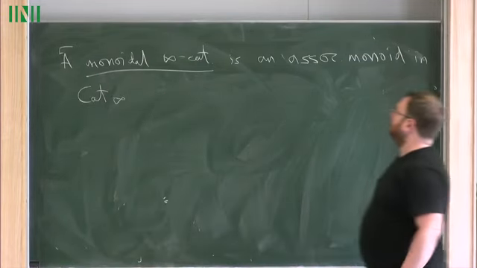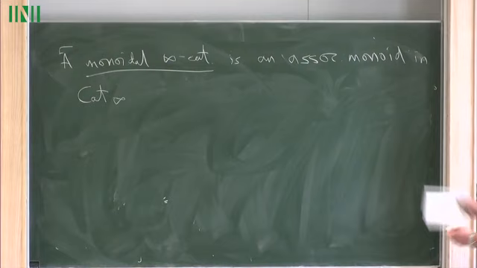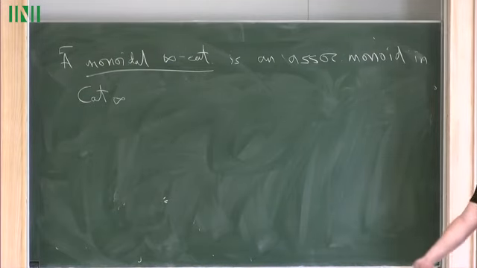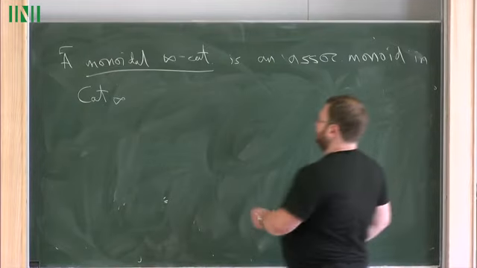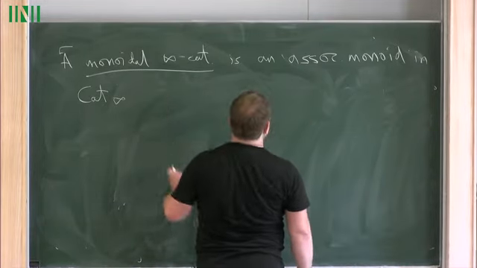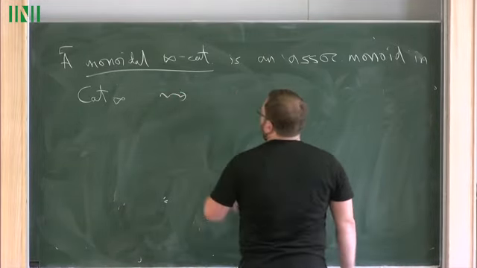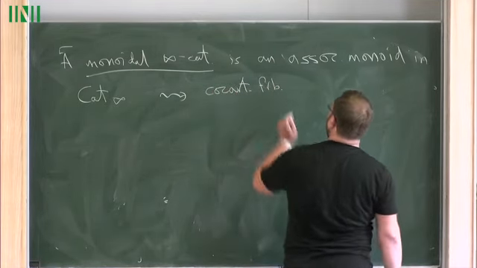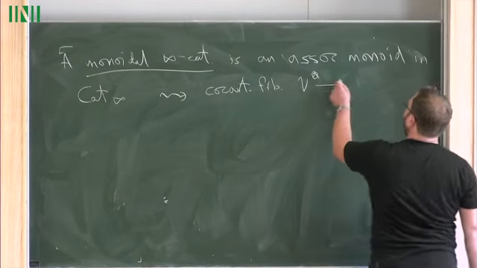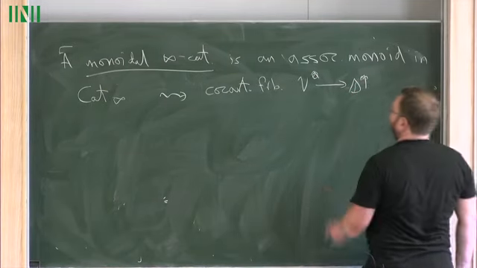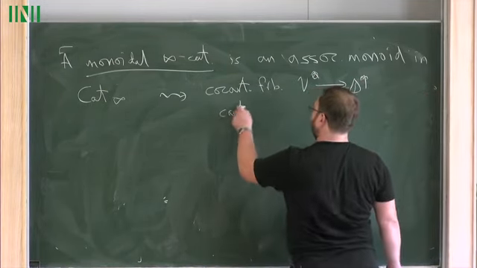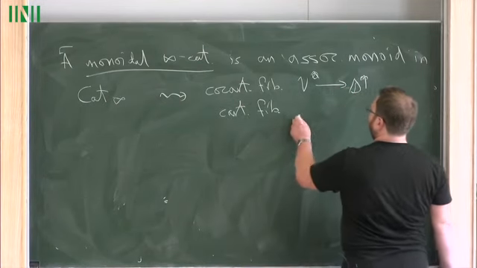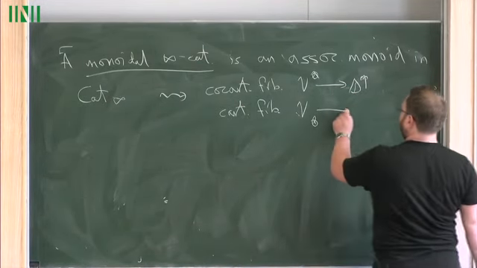So that's a simplicial object in Cat infinity, but then we can equivalently view that as a fibration. Such an associative monoid gives rise to both a coCartesian fibration, the upper tensor V^⊗ to Delta^op, and dually a Cartesian fibration, the lower tensor to Delta.